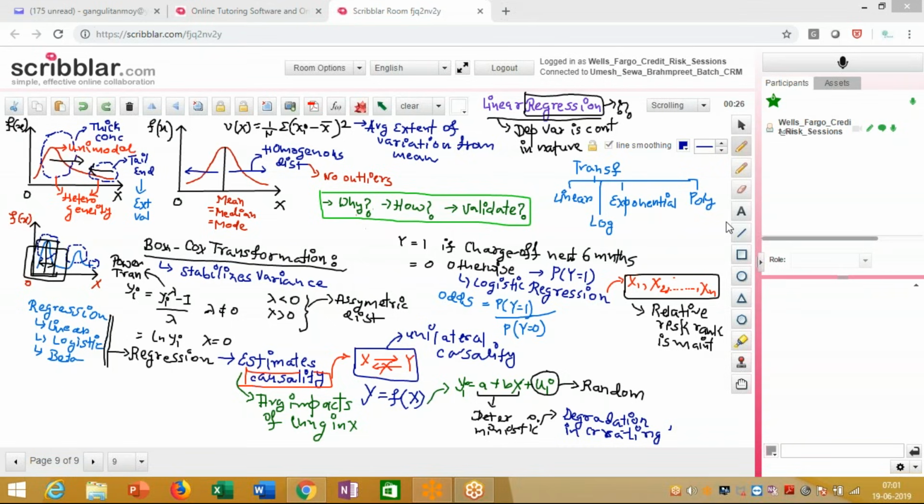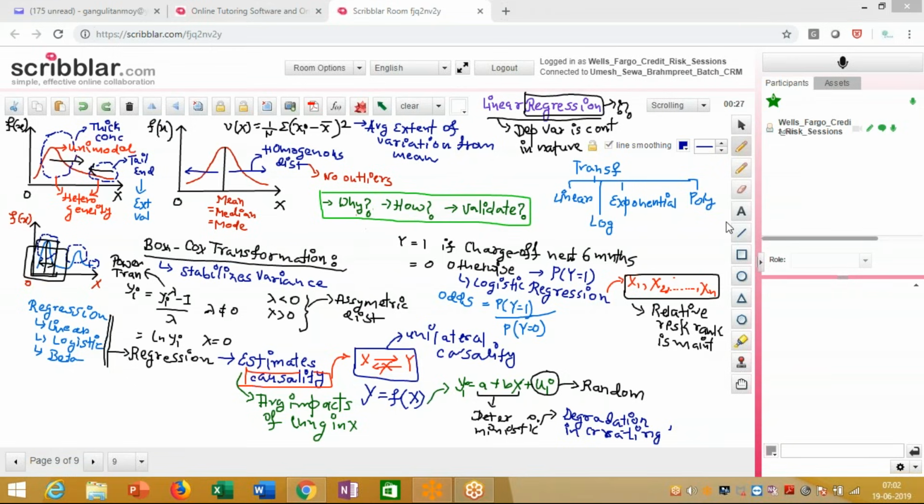Now, apart from this, there will always be a random factor. Random factors are those which originate randomly. It is not that there is any sequence to their occurring. They occur just randomly, and it is this randomness which makes the predictions, or which creates a drift between the actual and the predicted values.